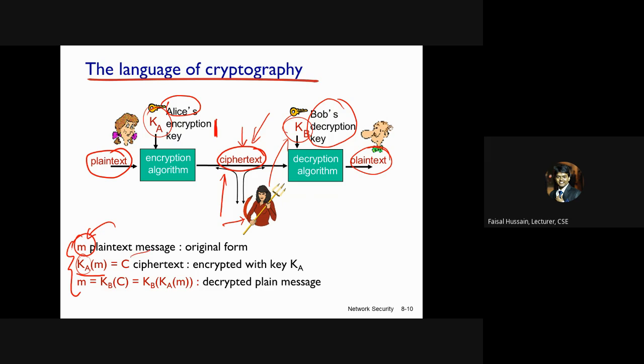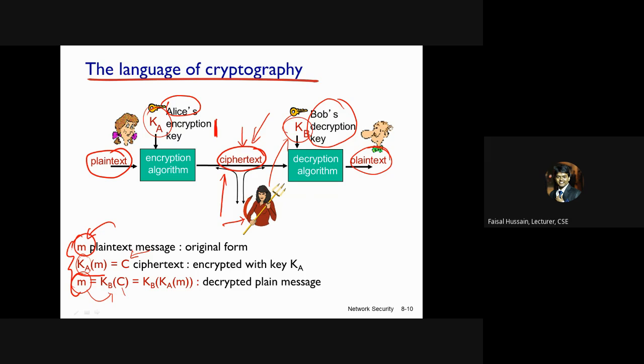This is indicated by C, which stands for ciphertext. Now if you want to know the actual value of M, you have to decrypt this, and that is KB of C. So KB is the decryption key.